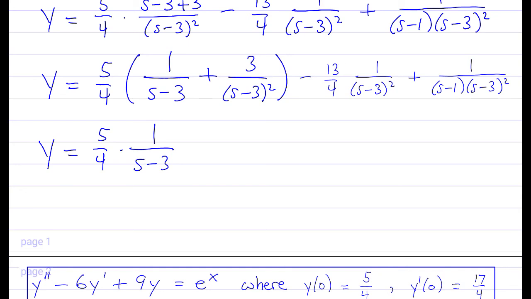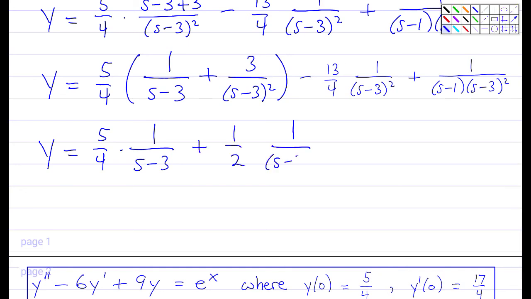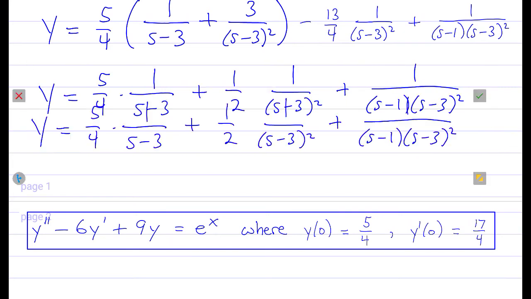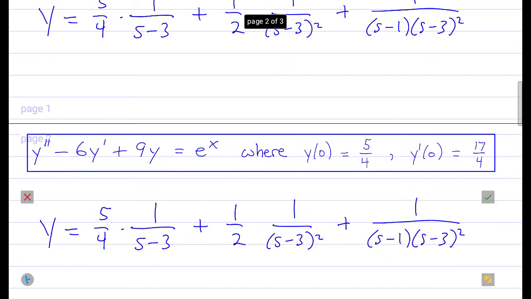Well, that's just 2/4, which is 1/2 times 1 over s minus 3 squared. And then I still have 1 over s minus 1, s minus 3 squared. Okay, that's looking a lot better. I'm going to copy this down a little bit so that we don't have to write it again.